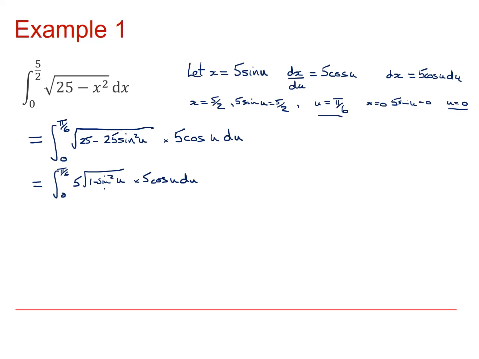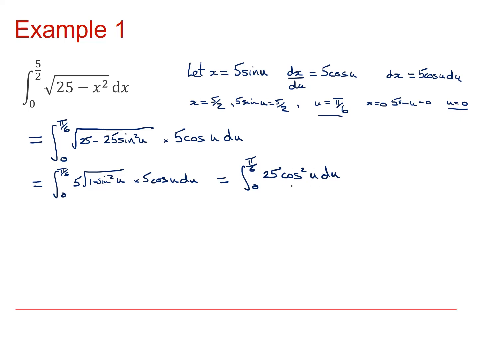One minus sine squared is cos squared, square rooted is cos, so I've actually got 5 cos u times 5 cos u here. So this thing is actually the integral between 0 and pi by 6 of 25 cos squared u du. Now, we've seen how to integrate cos squared in a previous video.